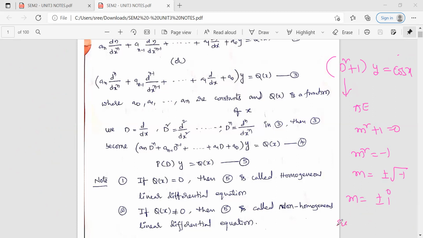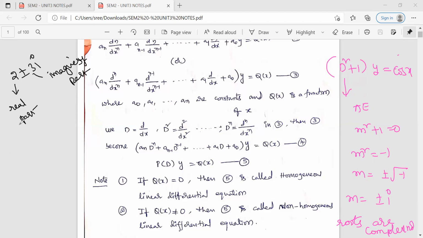So the roots are complex numbers. For example, if we solve an equation and get the roots 2 plus or minus 3i, 2 is the real part and 3 is the imaginary part. A complex number has two parts, real part and imaginary part.